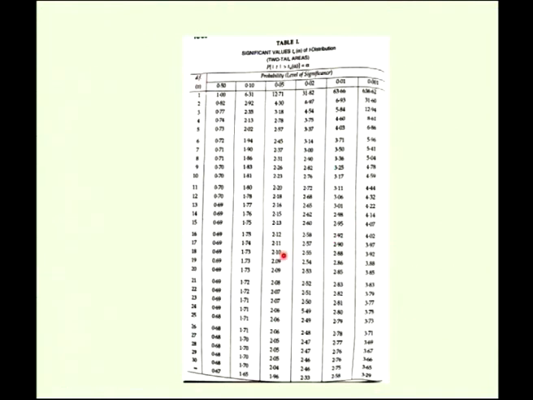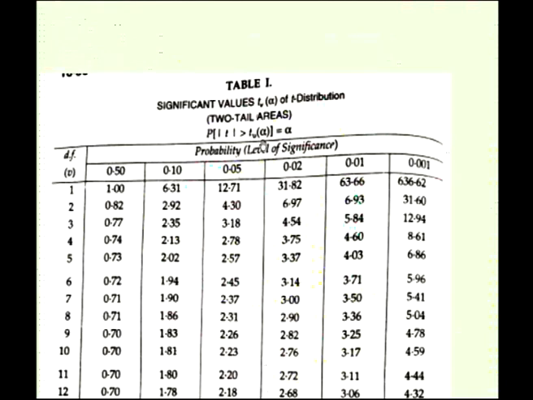This is the two-tailed test table given to you, and you have to refer the tabulated value from this table. This is actually significant values of t alpha. These are the degrees of freedom given to you, and these are the levels of significance. This is a 50% level of significance, this is 10% level of significance, and this is 5% and 2%, 1% and 0.1%.